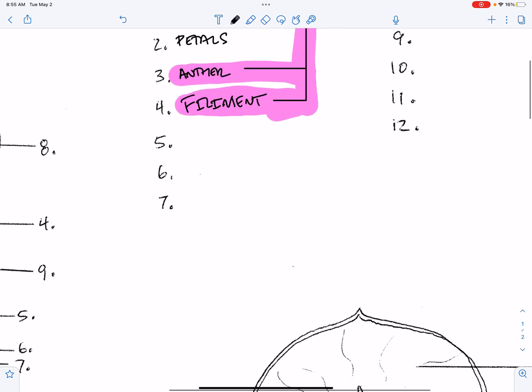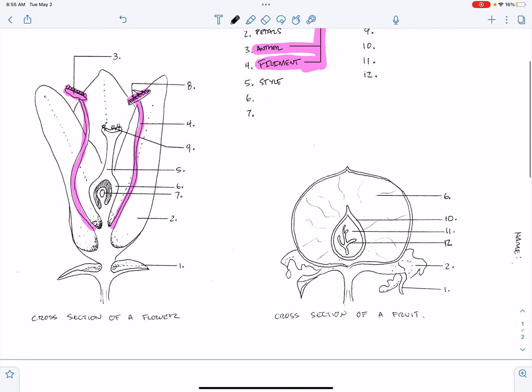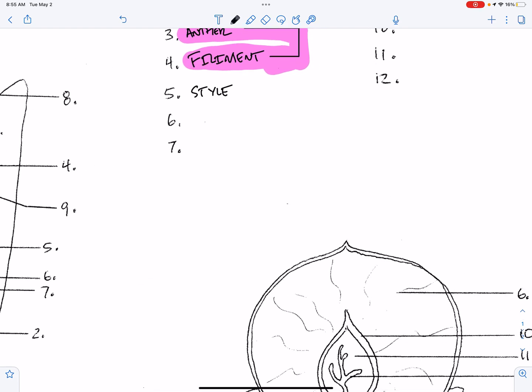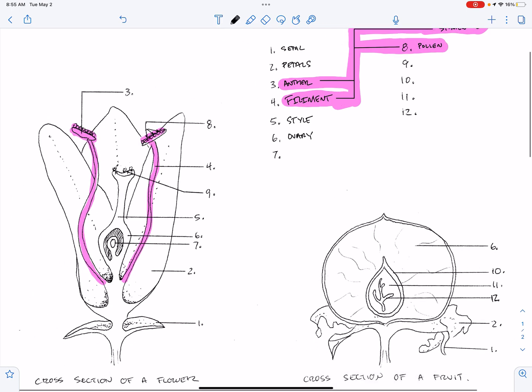So this is called the style. And at the base of the style is structure number 6, which is the ovary. And the ovary holds the structure called the ovule.